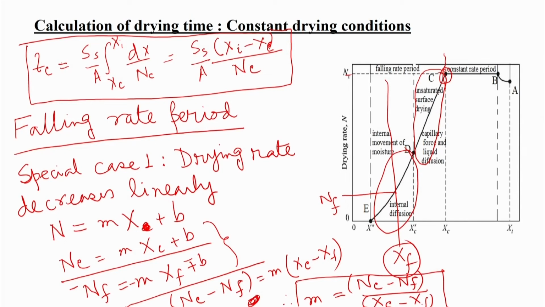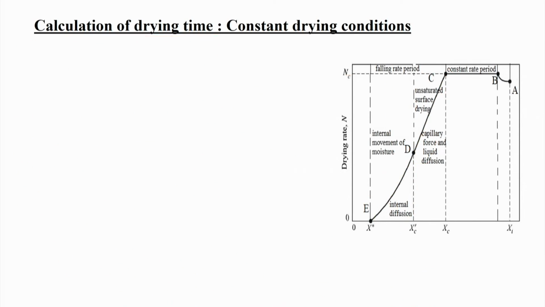We are assuming that it is entirely linear like this. So m, the slope, will be (N_c − N_f)/(X_c − X_f), for the falling rate period.